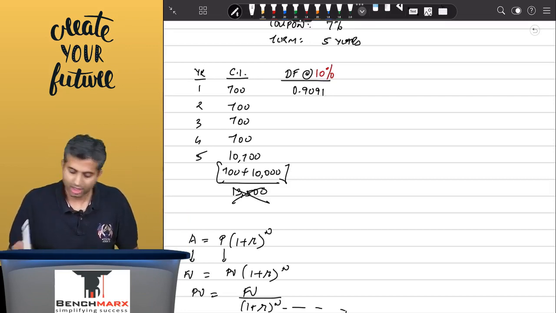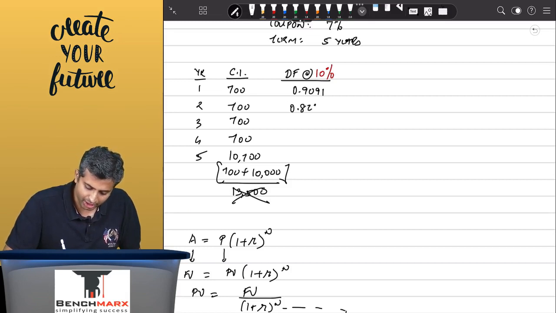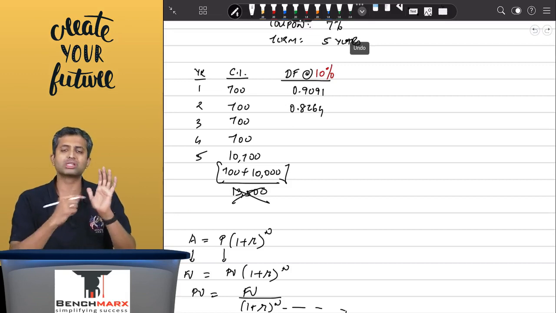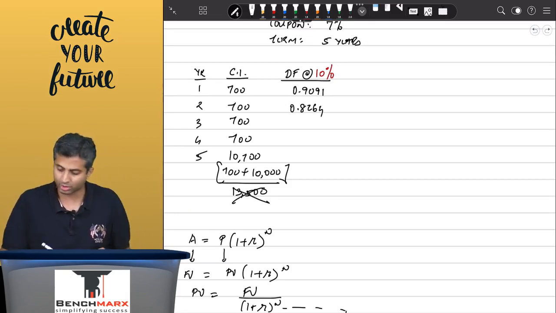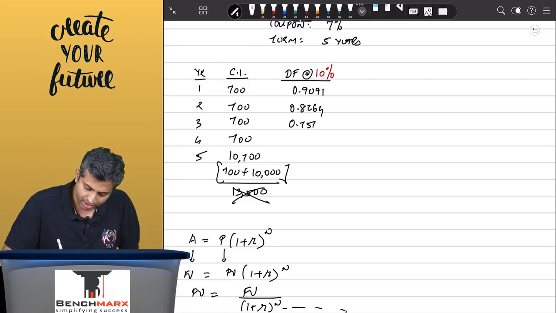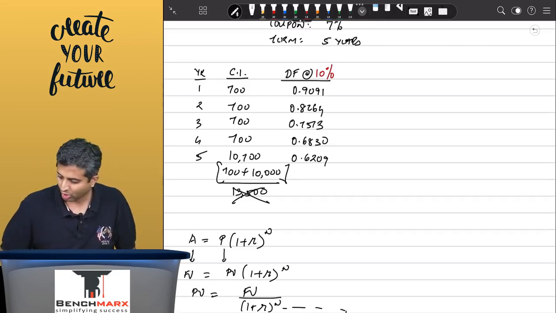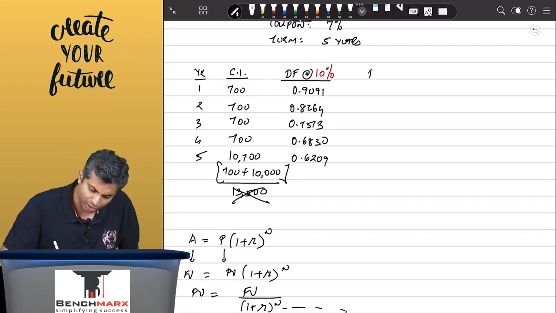So over here, this is 0.8264. Sir, how are we calculating it? You just press 1 divided by 1.1, then equals, then again equals, equals. So this is just basics for someone who has probably forgotten, but otherwise I think you should be fairly clear on these numbers, and then you find the present value.